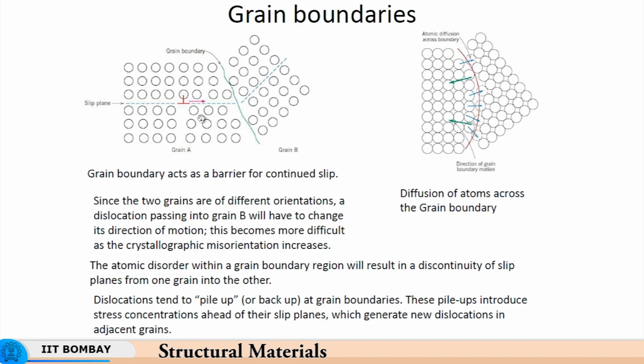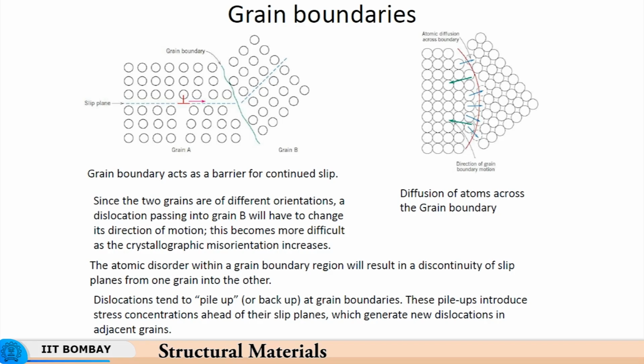Now let us say that the dislocation continues to move and then comes to this region called a grain boundary. It has been moving along a specific plane, in a region where there was an orderly arrangement of atoms.